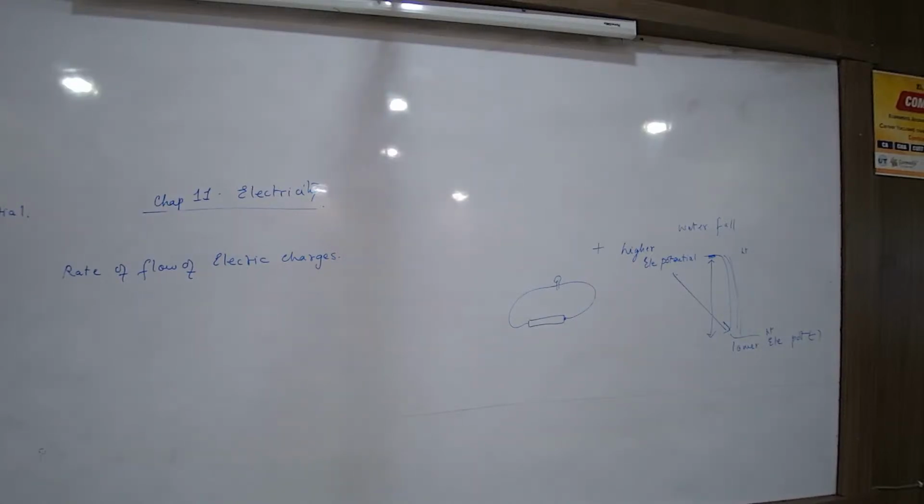Next bullet point: electric current is expressed by the amount of charge flowing through a particular area in unit time.